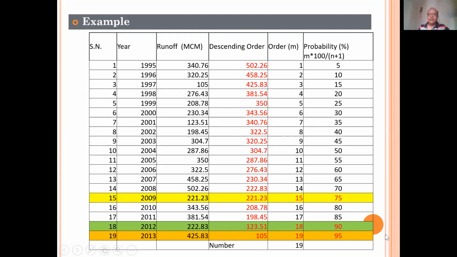You can see here 75% dependable runoff is 221, but 90% yield is less because it has surety of 90% time this yield will be available. Similarly, 95 is again very less, it is only 105. So in that way we do this exercise, or we determine yield.